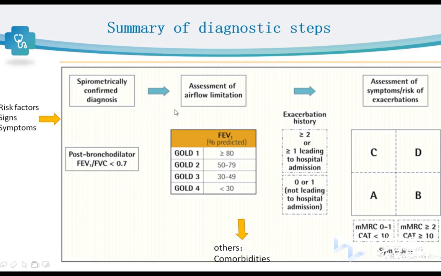And next, we need to do some assessment for the airflow limitation, Group 1 to 4, and assessment of the symptoms and risk of exacerbations, Group A, B, C, D. And finally, we need to confirm the comorbidities of this patient.